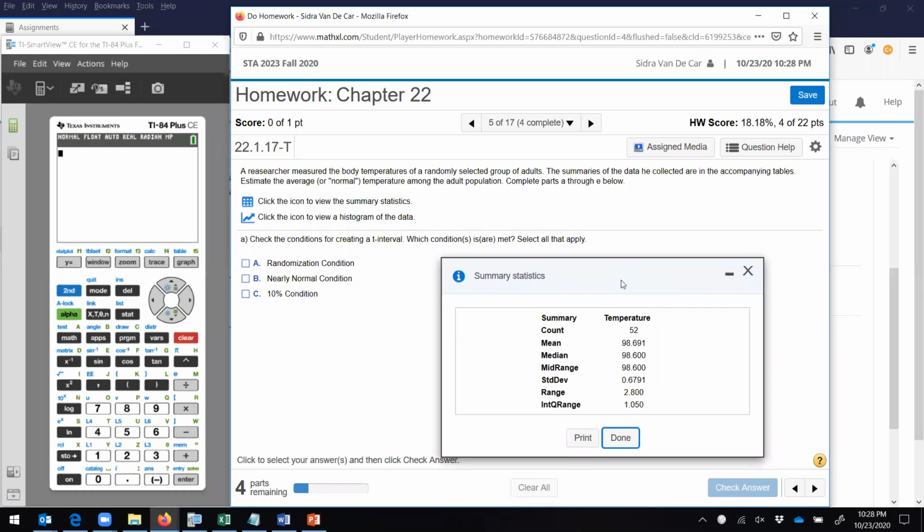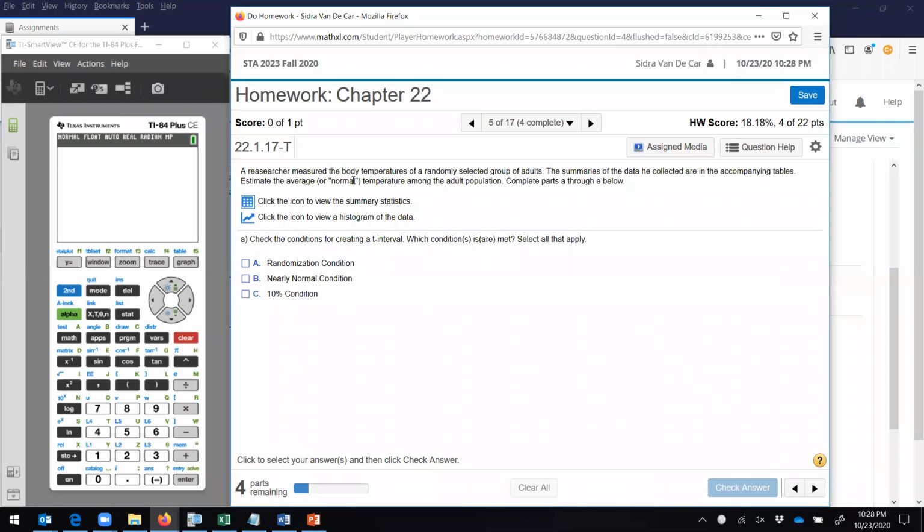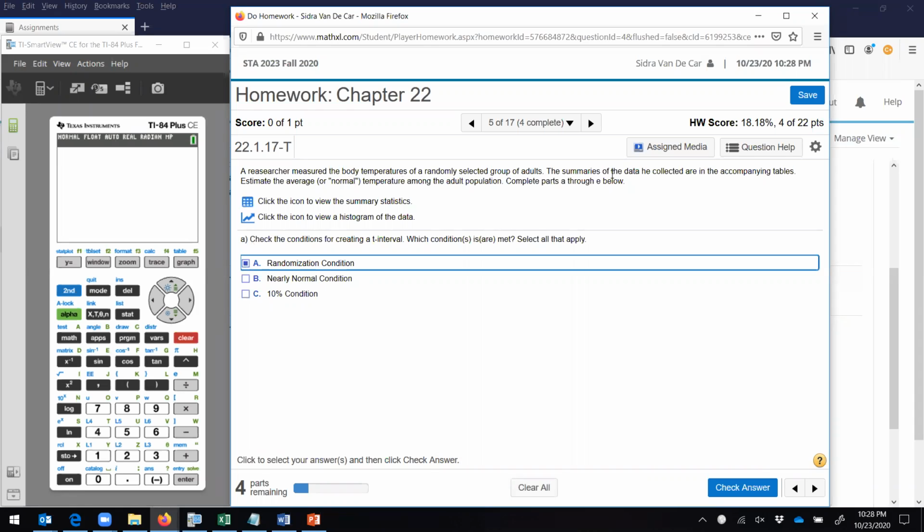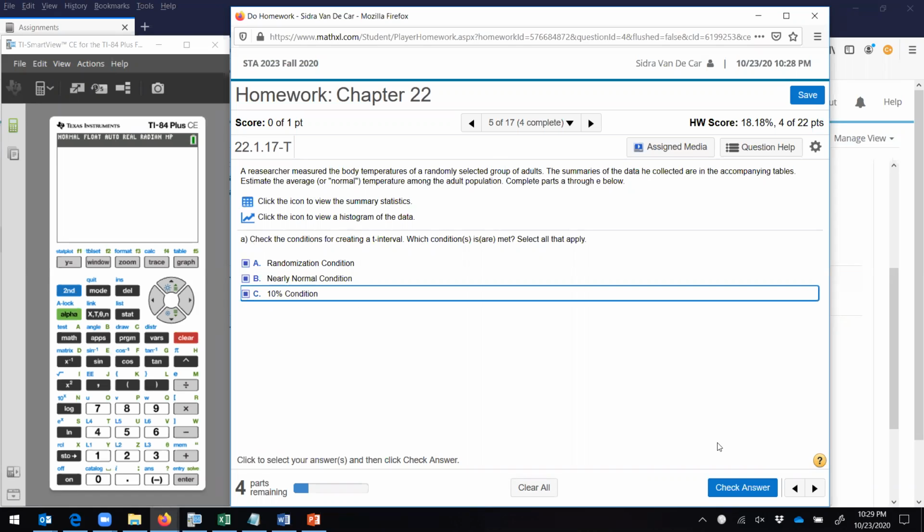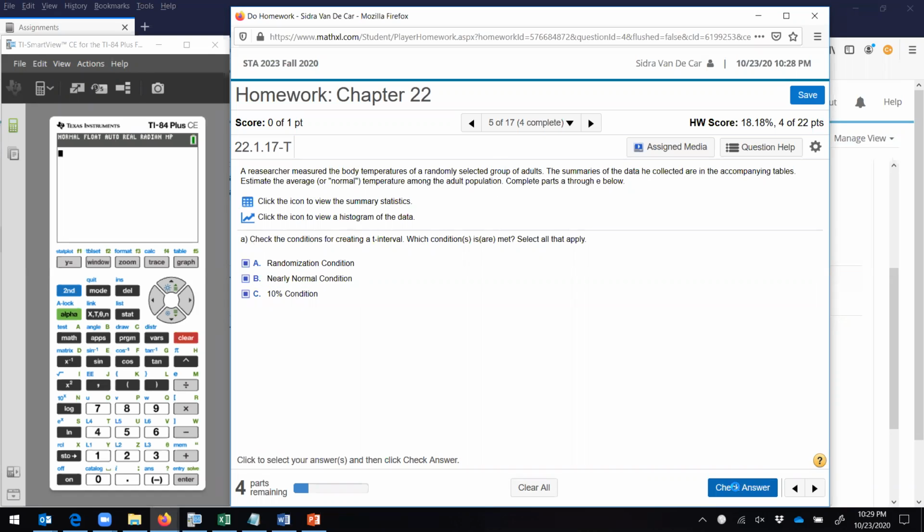So we've got 52 people participating, this is the mean and our standard deviation. Okay. So, randomly selected. Temperature is normally distributed, and 52 is less than 10% of all people, so all conditions should be met.